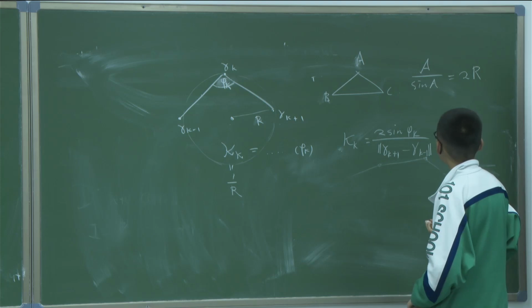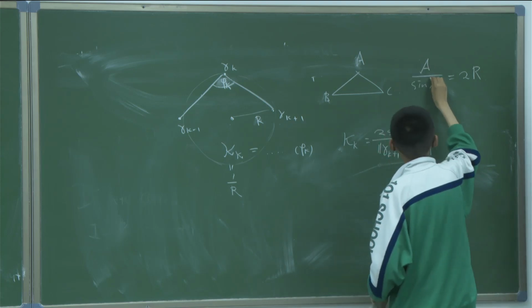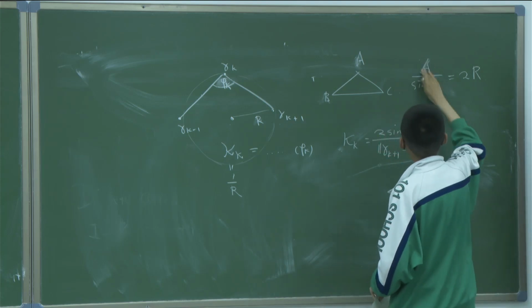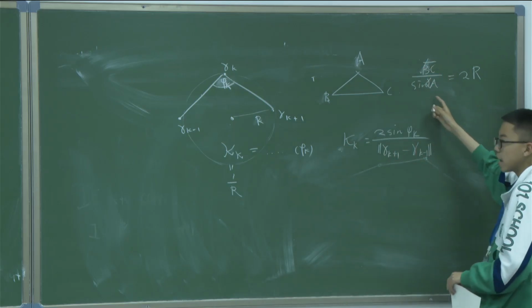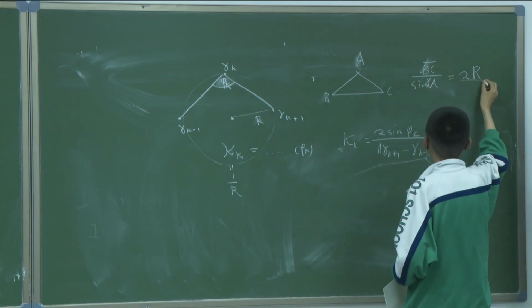What is A? Can you see? BC over sine of the angle BAC equals 2R.